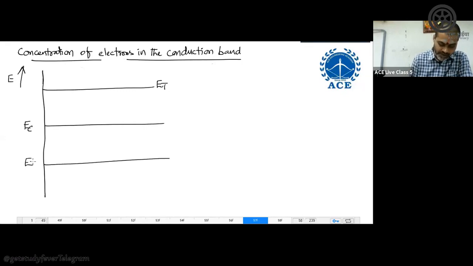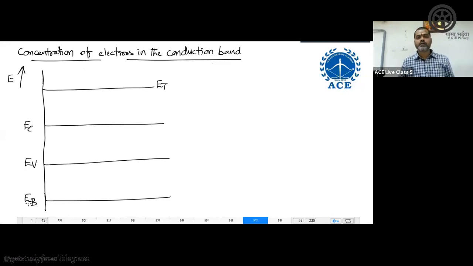This is the top of the valence band, EV, and this is the bottom of the valence band, EB. Hope I am clear. The four energy states that we have, I am representing. And this is the energy gap; you know this.